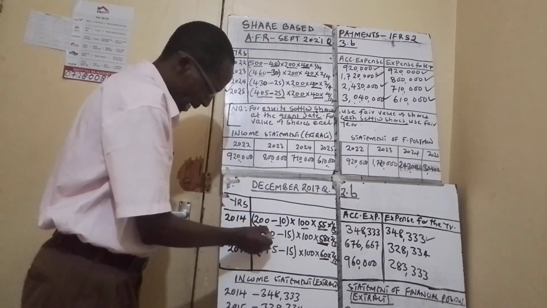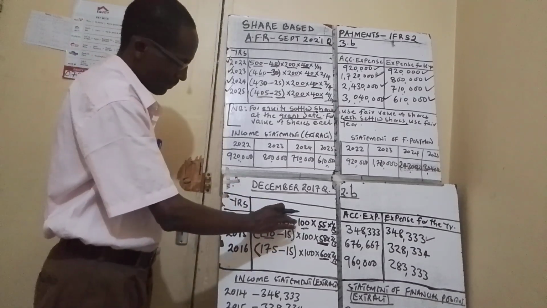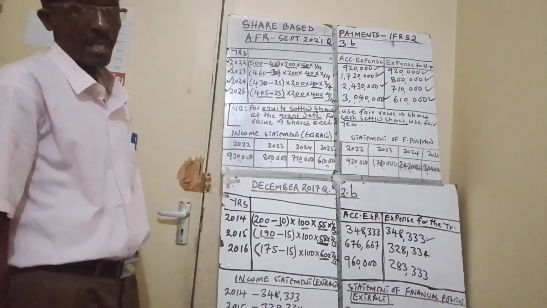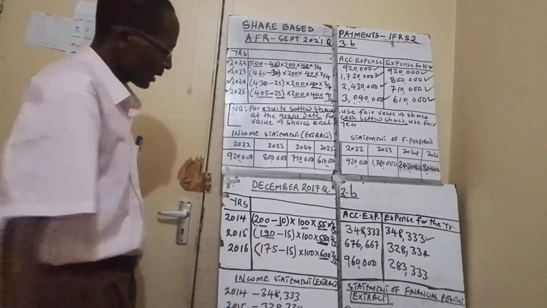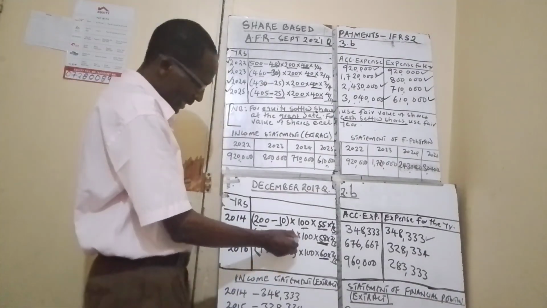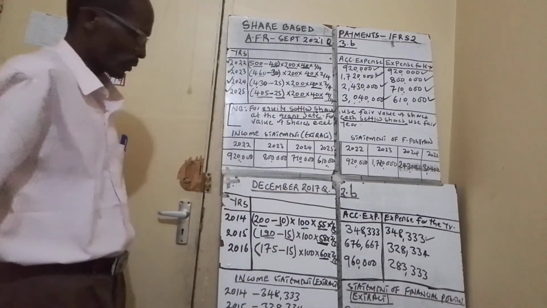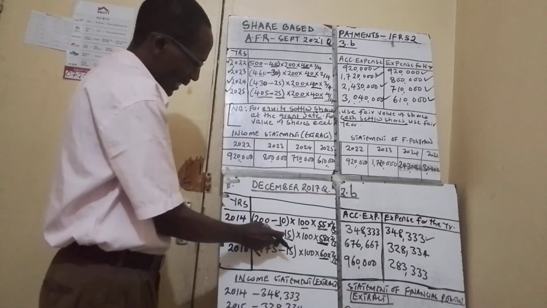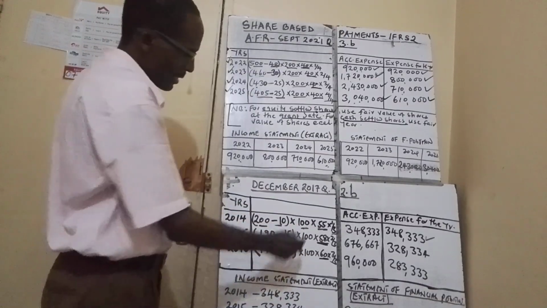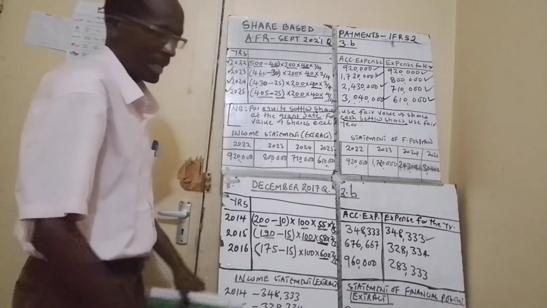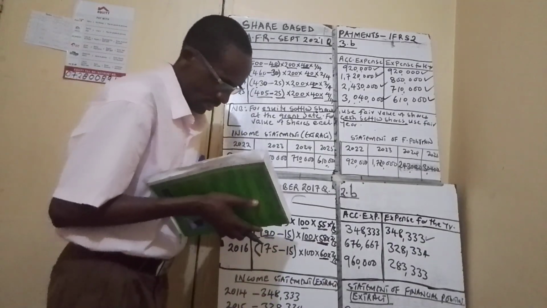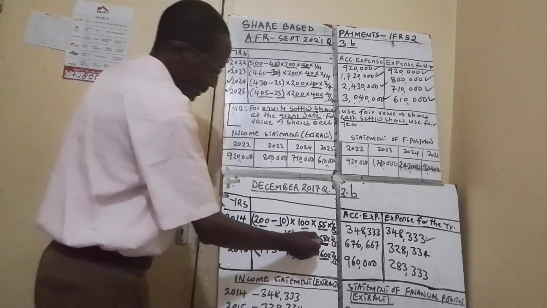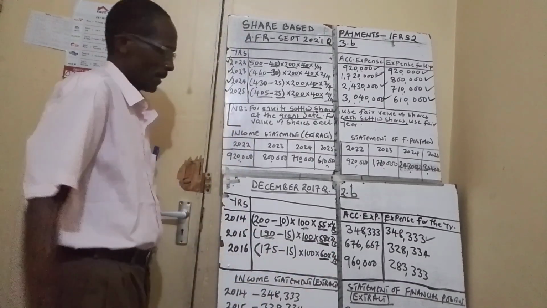So 190 minus 15 times 100. The 100 is the bonus, equivalent to 100 shares, times 58.